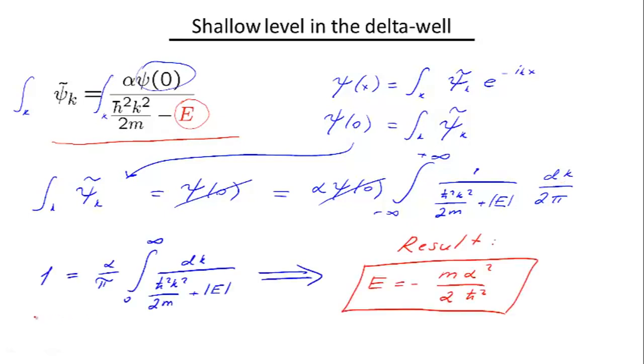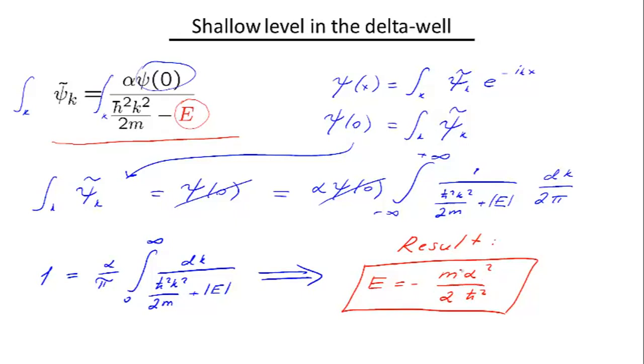And so here I have rewritten this equation in a slightly different form, and this is the result of the calculation. So if you calculate the integral, you will see that there exists one and only one solution for the energy, and the energy is equal to minus m alpha squared over 2h squared.